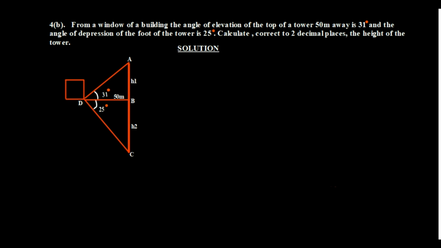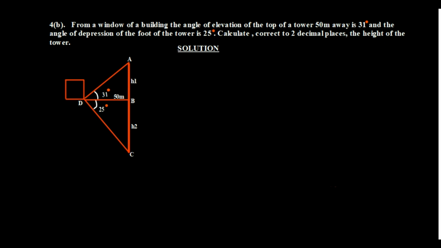Now what we need to do is find H1 and H2. We add them together, and it will give us the height of the tower that the question has asked us to find. All right, let's go ahead and solve this question one step after the other.